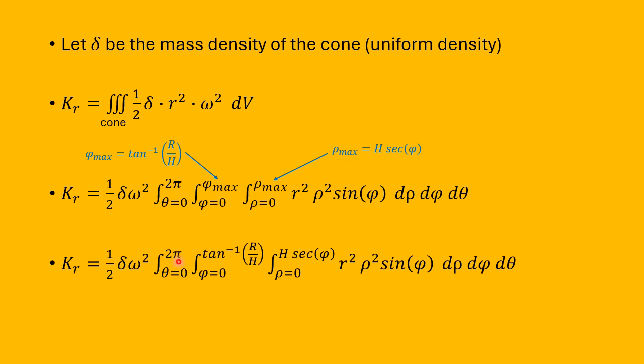Whenever you're setting up one of these iterated integrals in spherical coordinates, the outermost integral will have constant limits of integration. It might not always be theta, but this outermost integral will have constant limits there.